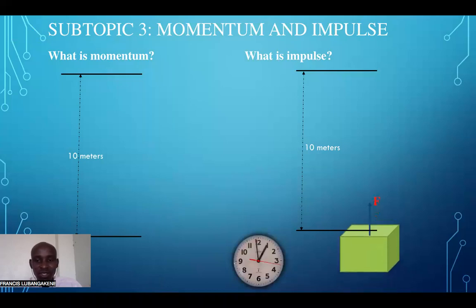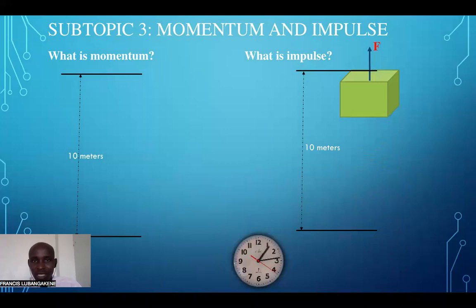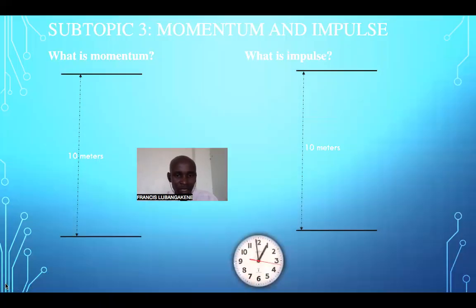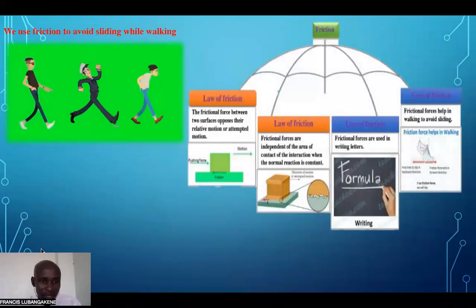Having mass and velocity, we time this, from a given point to the next point, and the timing will give us the very quantity.